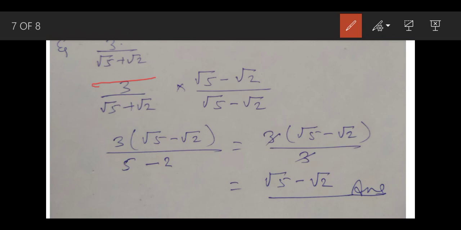We will get 3 into root 5 minus root 2 upon, in the denominator we will use the property a plus b into a minus b. We will get a square minus b square, root 5 square minus root 2 square, which is 5 minus 2, means 3. Reducing to the simplest form, we can cancel 3 and 3. We will get root 5 minus root 2 as the answer.